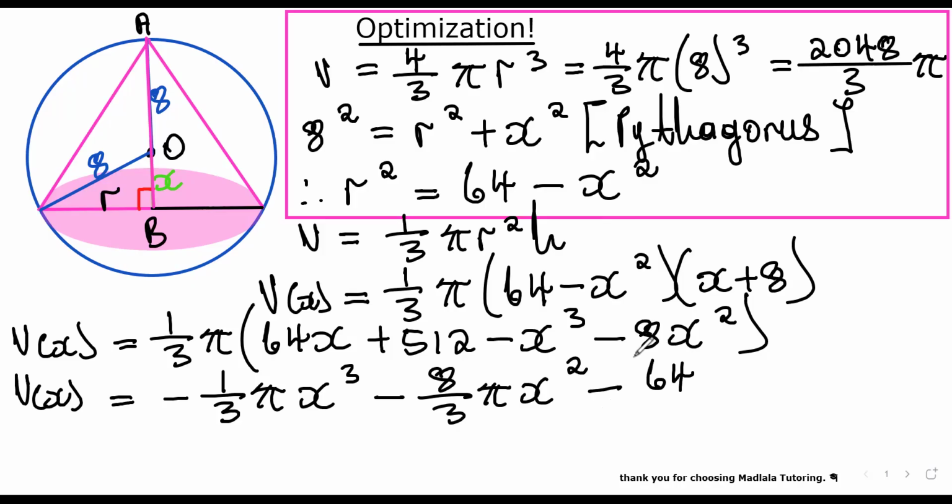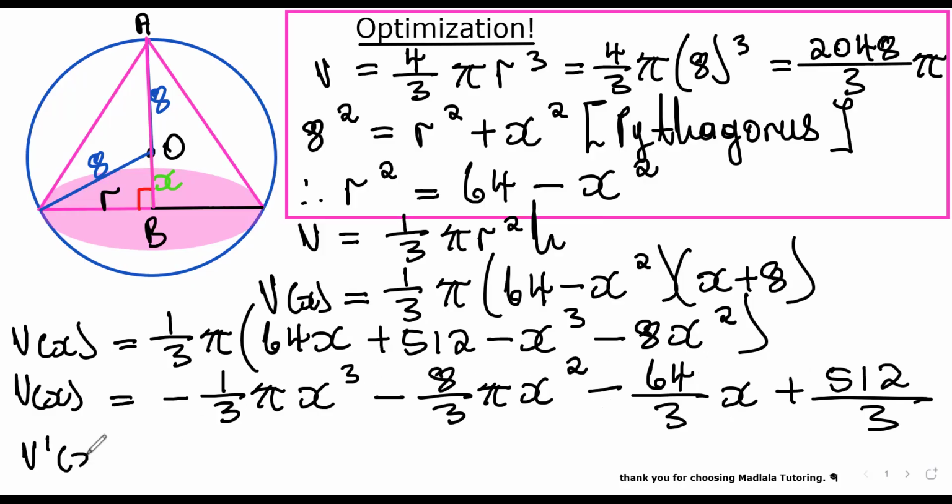No, it's not. So we have 64 over 3 times x. And lastly, we have 512 divided by 3. Well, this is what we say. Then what's the next thing? We now need to find the derivative. We are looking for the maximum volume, the largest volume. So we need to differentiate.